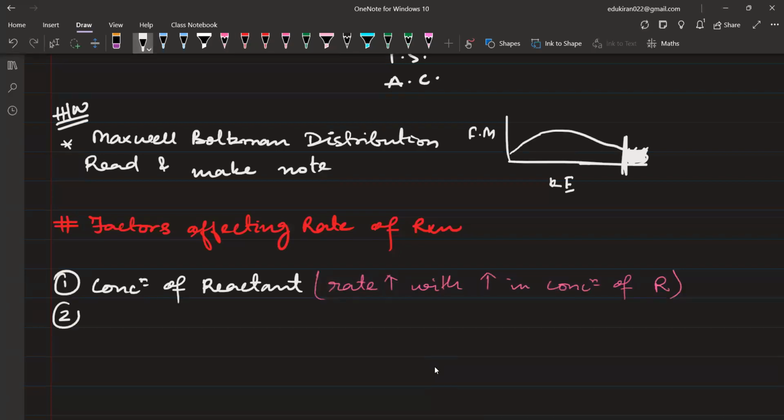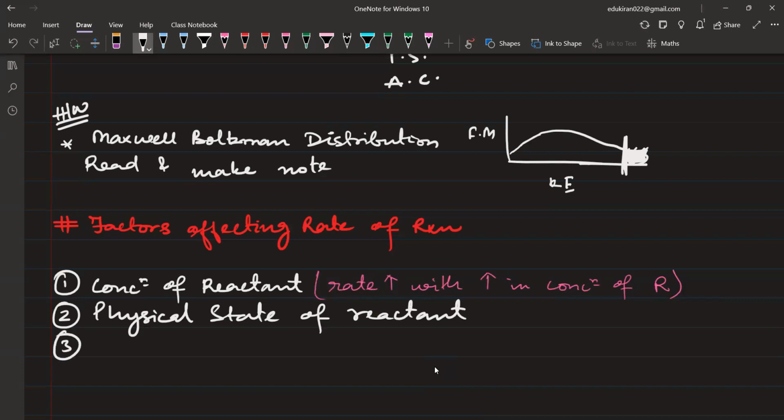Second is the physical state of reactant. Whether the reactant is solid, liquid, or gas, that is also going to affect the rate of reaction. Then obviously temperature. We are going to learn in detail. Temperature is the only factor that is there in detail after the concentration. Then we have catalyst.